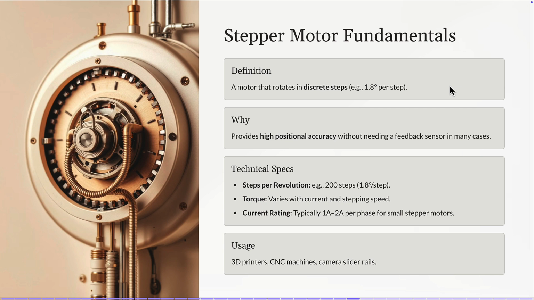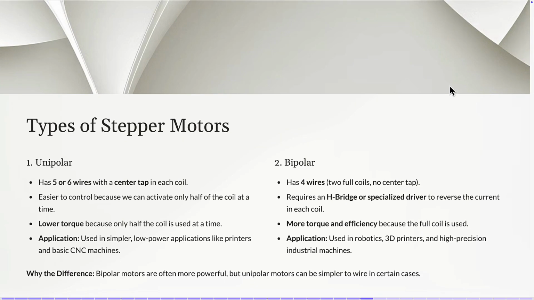It doesn't have feedback control. It's open loop control, and typically works with 1 to 2 amperes per phase for small stepper motors. It is used for 3D printers, CNC machines, camera sliders, and other applications.